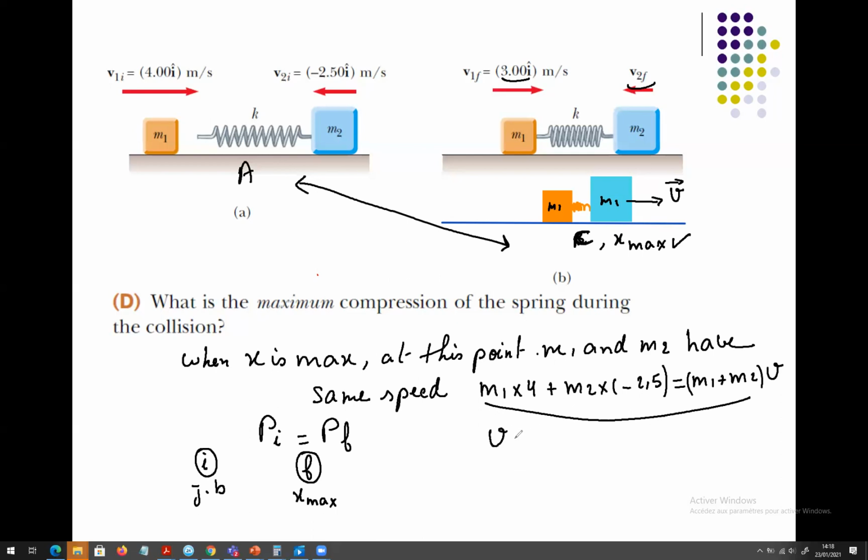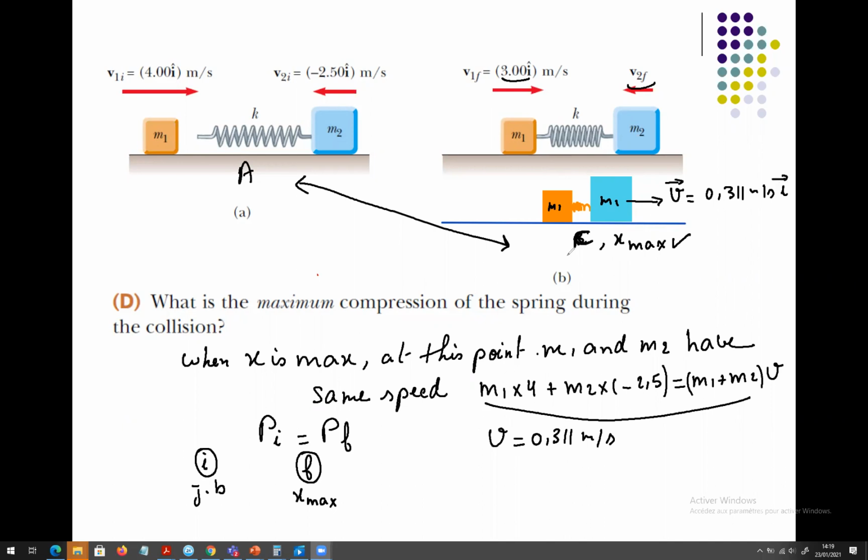We finally get V equals 0.311 m per second. It's a positive value. So when we have X maximum, the system will move to the right at this point with V equals 0.311 m per second.